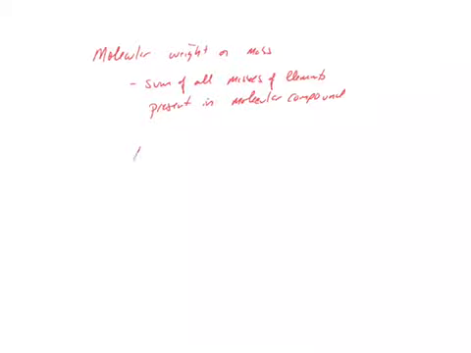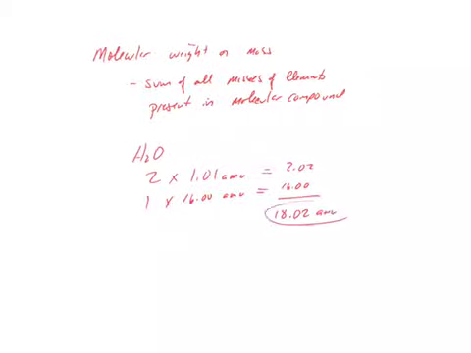What I'm talking about is things like H2O. I have 2 hydrogens at 1.01 AMUs each, and 1 oxygen at 16.00 AMUs. So that's 2.02 and 16.00. So the molecular weight or molecular mass is 18.02 AMUs for water. Notice it's the same thing as the formula weight. It's just that one's for molecules, one's for ionic compounds.